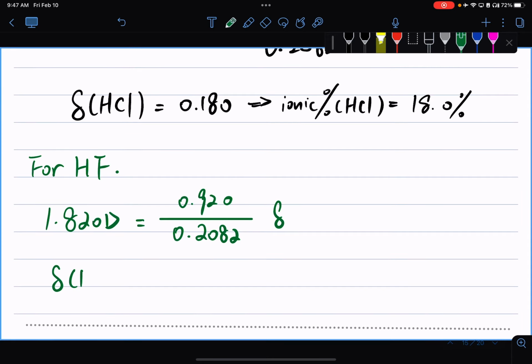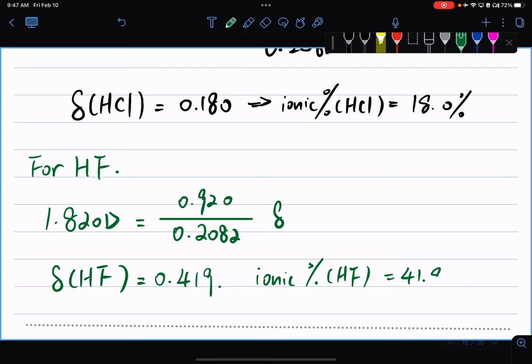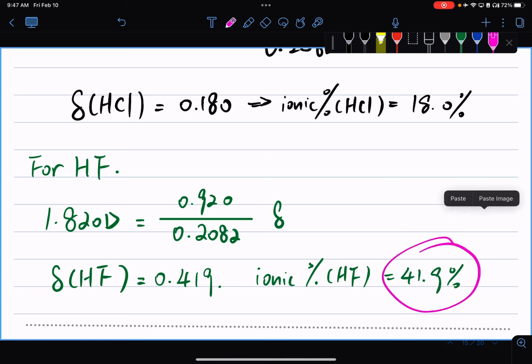You can calculate the partial charge of HF, which gives you 0.419, or the ionic percentage of HF is 41.9%. So comparing these two numbers, this one is considerably more ionic.